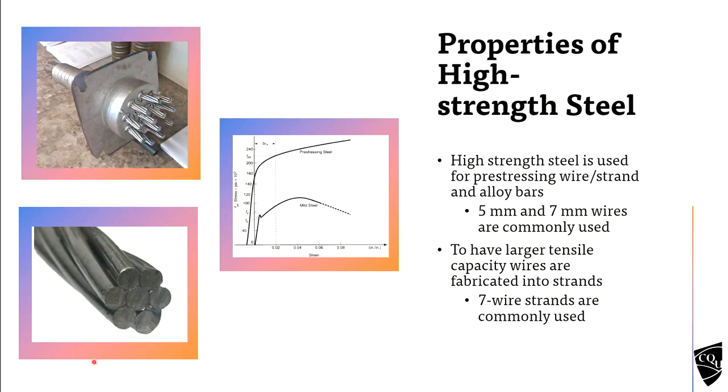All together we call this a tendon. All these strands go through a small duct, as a single unit. At the end it looks like this, but within the beam it goes like a single unit. So this is called a tendon.